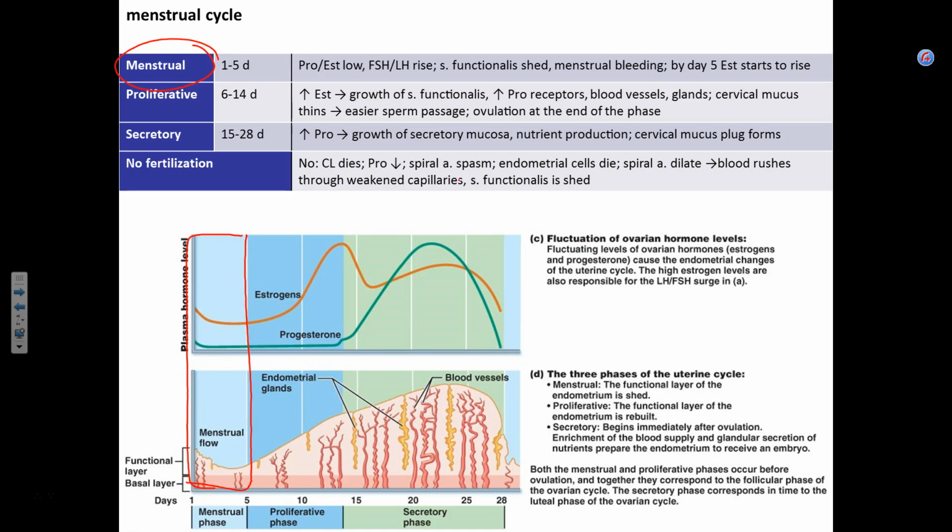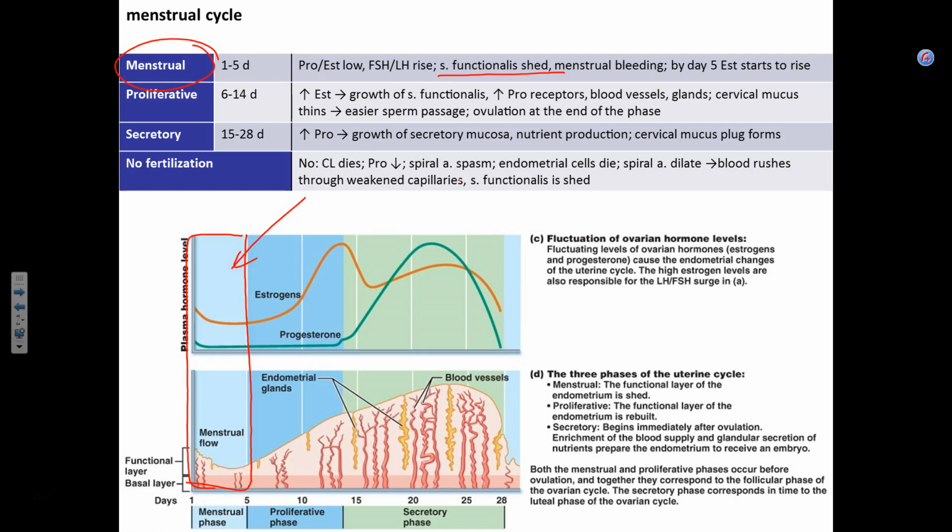From the standpoint of how elegant the mechanism is, I think it's extremely elegant. So the menstrual cycle, first 5 days, that's the menstrual flow. Okay? During that time, stratum functionalis is shed.